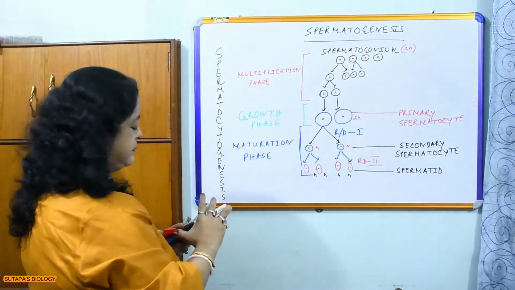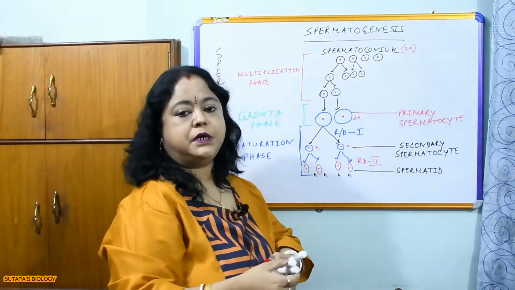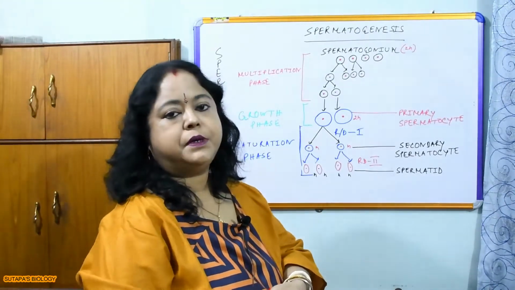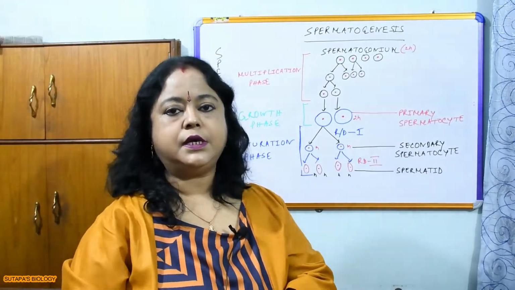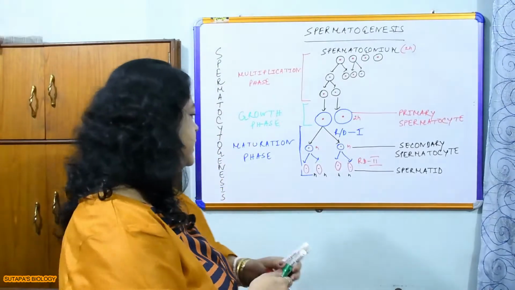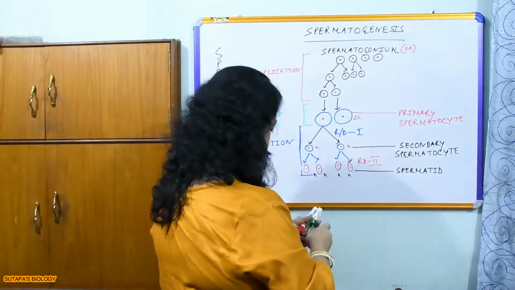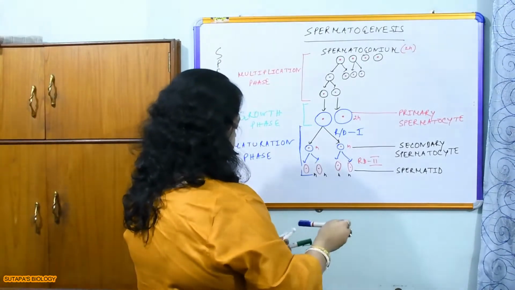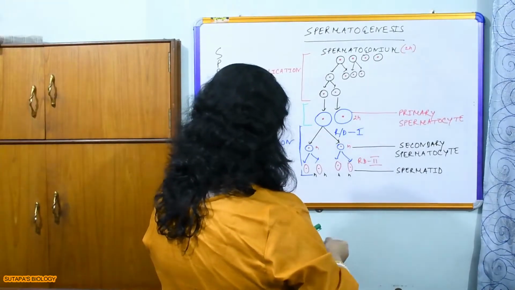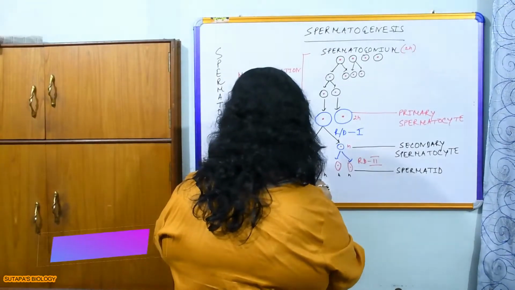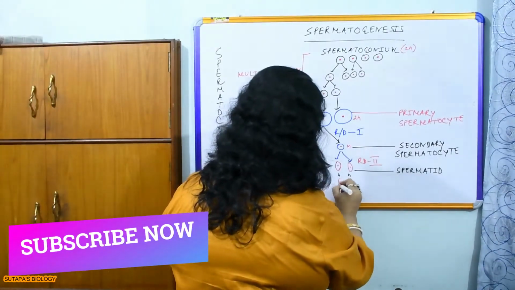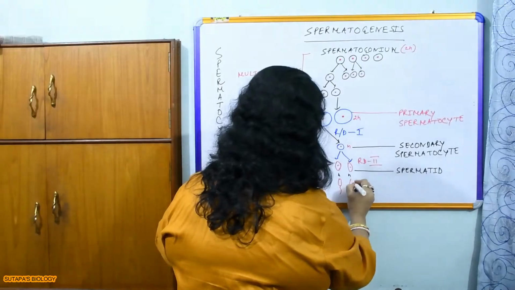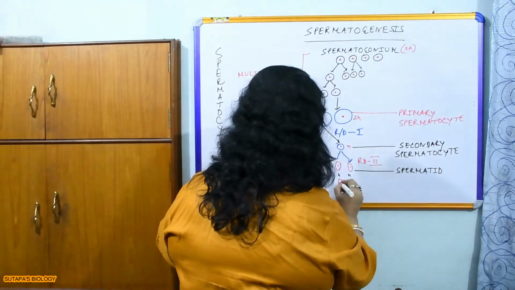So from spermatid, the next division is known as spermiogenesis. I have told you that spermatogenesis is divided into two broad divisions, that is spermatocytogenesis and spermiogenesis. Now the next one is spermiogenesis. Here these spermatids will form the sperms which are motile with flagella.